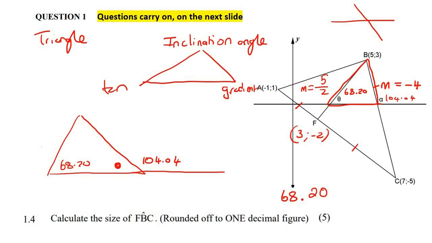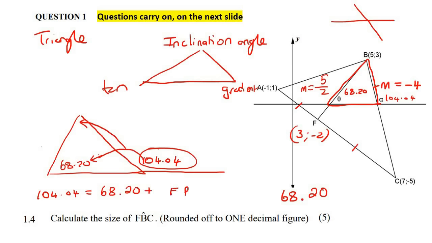Okay, but for those of you that are using exterior angle, we know that the exterior angle of a triangle must always be equal to the sum of the two opposite angles, those two. So we could then say that 104.04 is equal to 68.20 plus angle FBC.